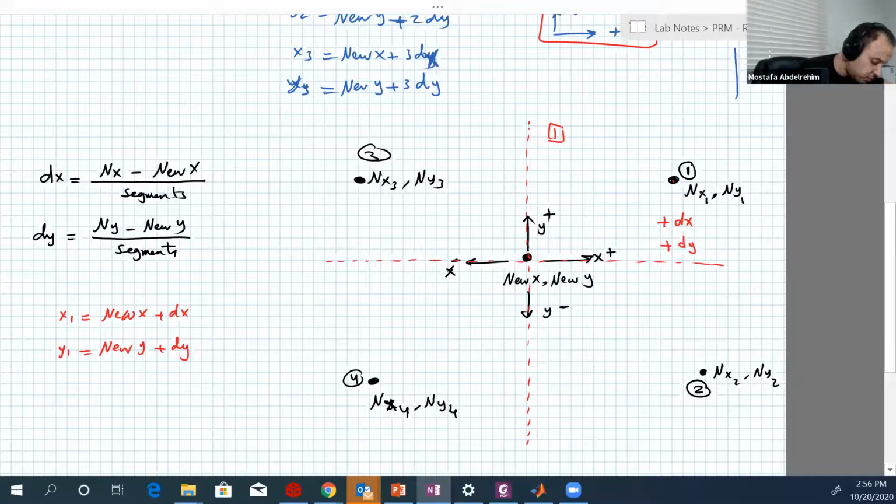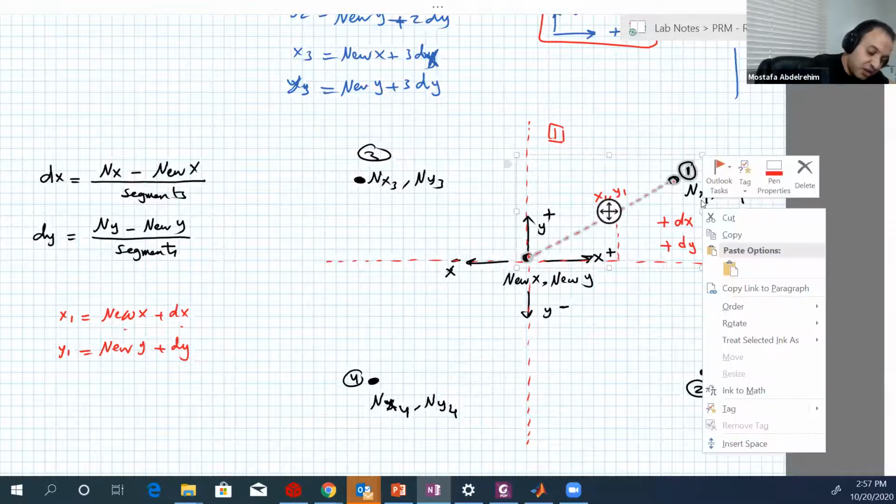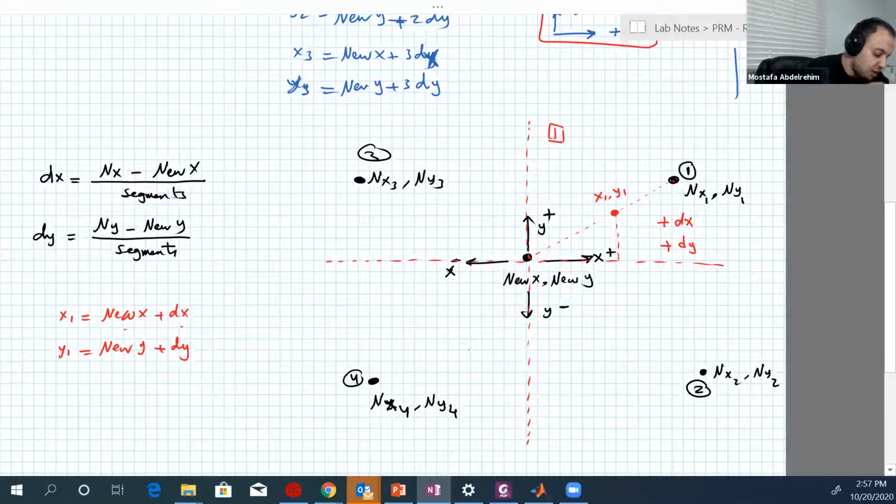Okay, so x1, for example, let's draw something like this. Let's assume it's just two segments with 1 point. So this is x1 and y1. So x1 is equal to new x plus dx, plus something. Let's check if the x is positive or negative. nx1 is greater than new x, so this will be positive.